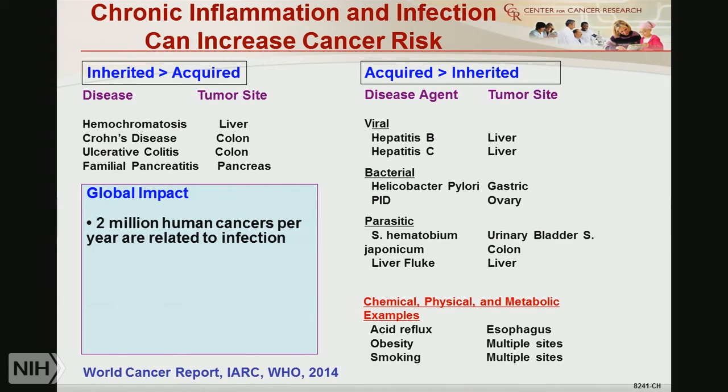So acid reflux, Barrett's esophagus, an increased risk of esophageal cancer, obesity at multiple sites. Obesity is a chronic inflammatory disease that increases the risk of cardiovascular disease, neurological disease, and multiple types of cancer. And then smoking. Now, I just mentioned that cigarette smoke contains about 65 known chemical carcinogens, but it's also a very potent inflammatory agent.